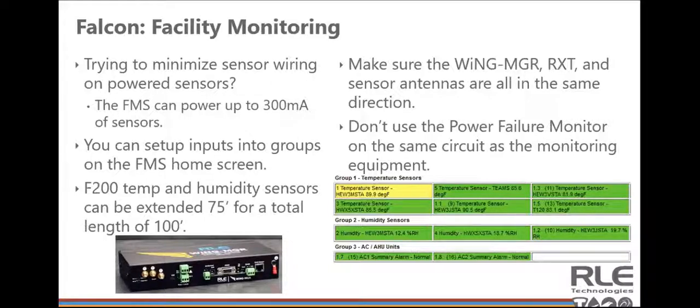Another interesting thing, the relays on the Falcon or the FMS unit, they can be controlled through numerous means. An input through like Modbus, a schedule, or through a button, a digital button on the interface or GUI of the FMS device itself.